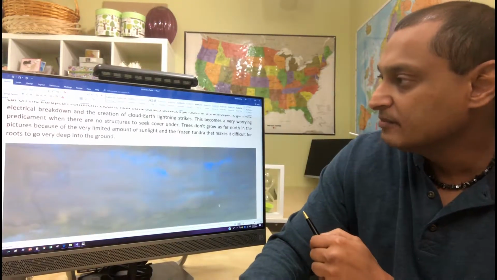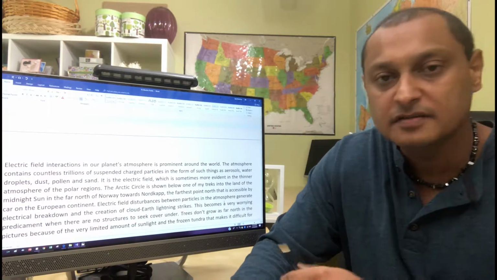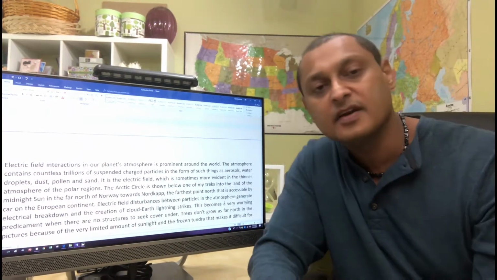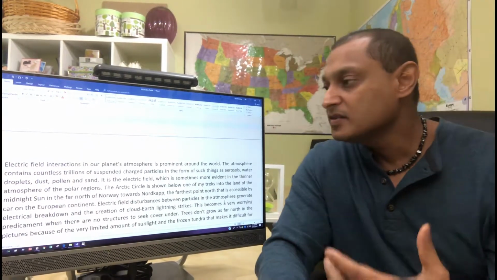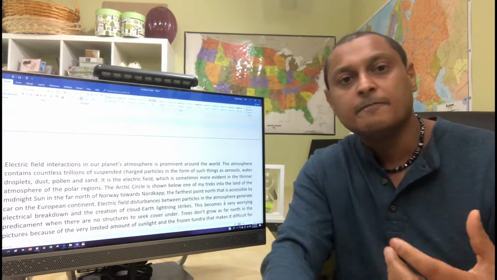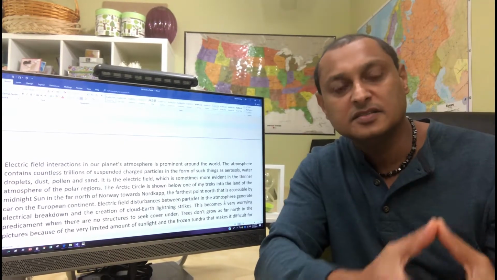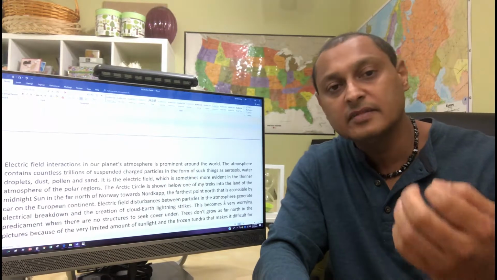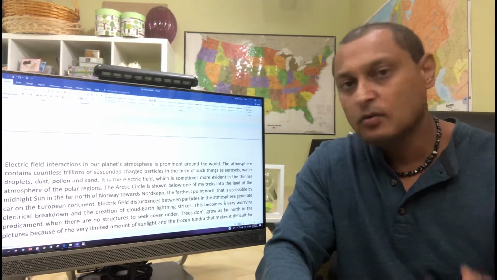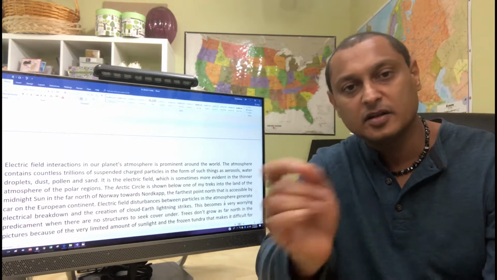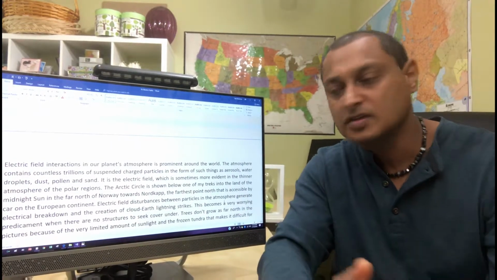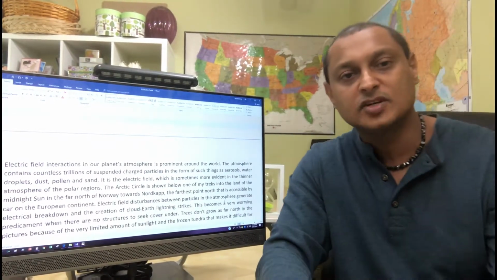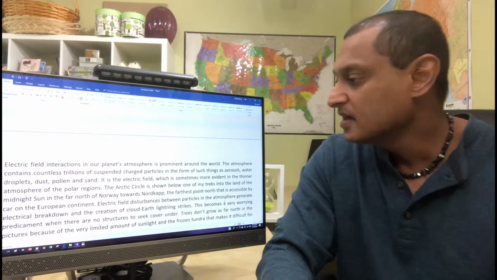There are many examples of this electric field. For example, in the atmosphere, there's an electric field that exists because there are all kinds of contaminant particles in the atmosphere. Water vapor, for example, or liquid droplets of water, as the water vapor condenses on little particulate matter like aerosols, for example, salt and dirt particles, dust, and those kinds of things.